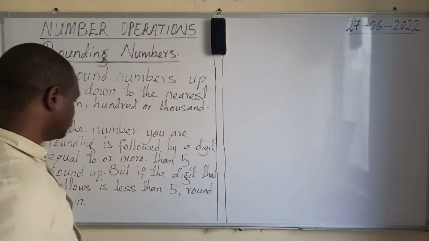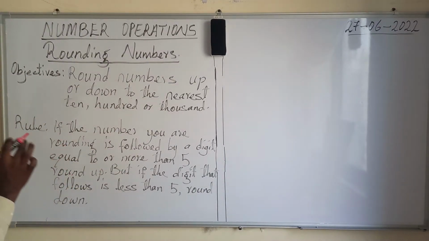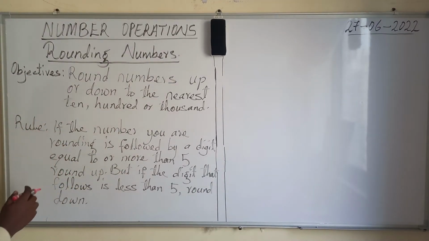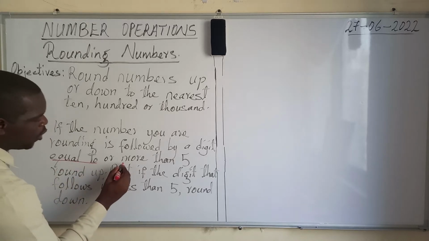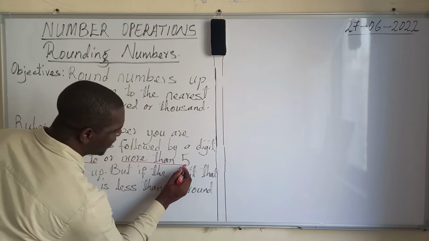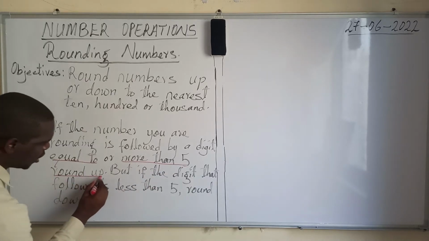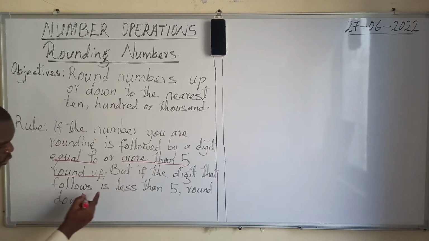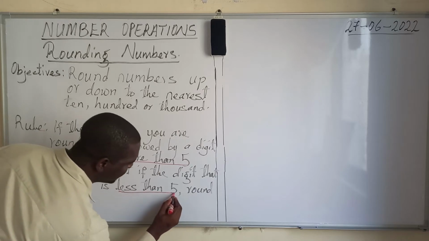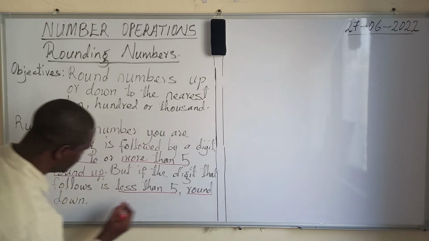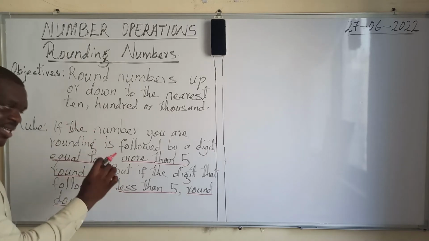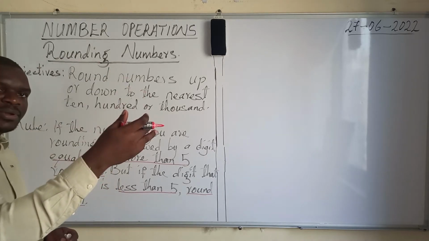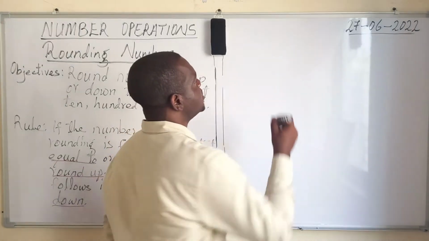I would like to highlight where we should focus our attention. If the digit is equal to or more than 5, you should round up. If the digit that follows is less than 5, round down. This is where we should focus our attention. Know when to round up, and let's look at examples.